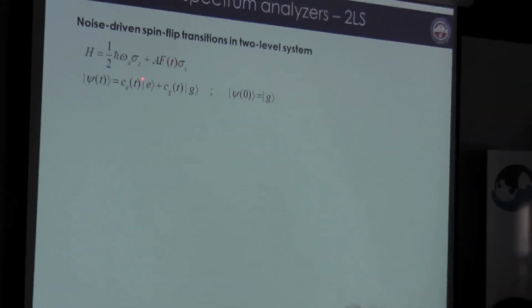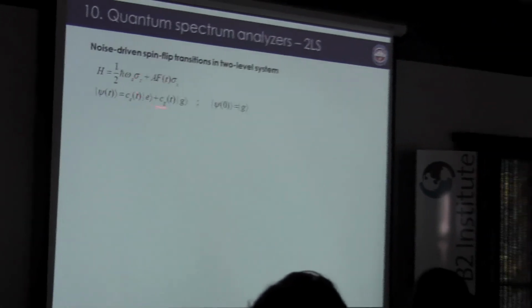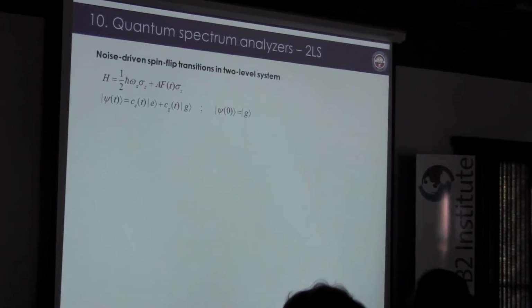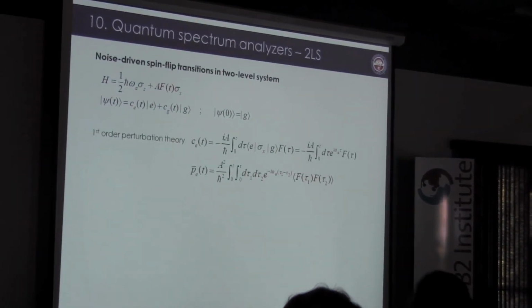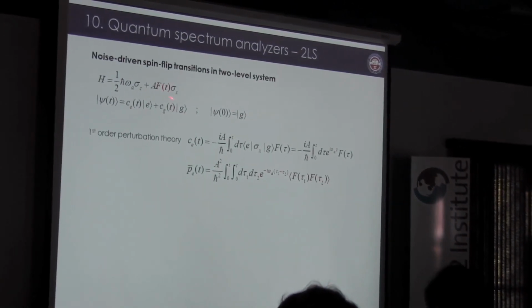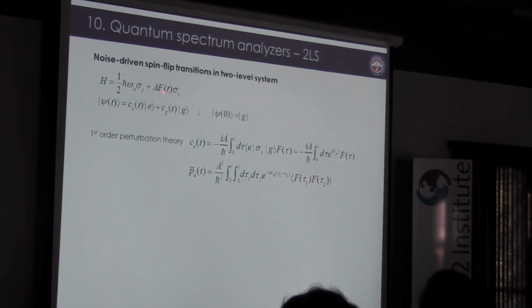If I have an atom, its interaction with the bath is a little bit different, where this f of t, I can think of as just a random magnetic field. If I have an atom in a magnetic field, and then I have a little additional random component, I want to know, what's the evolution that's induced by this fluctuating additional component?